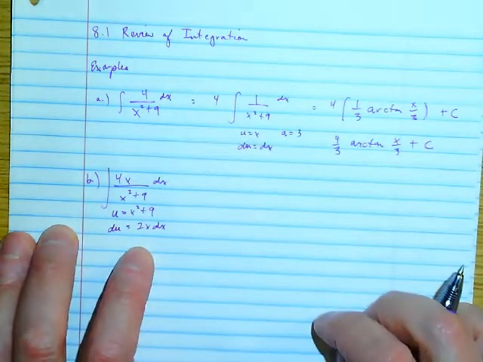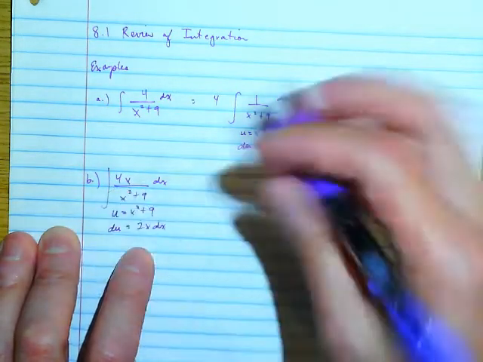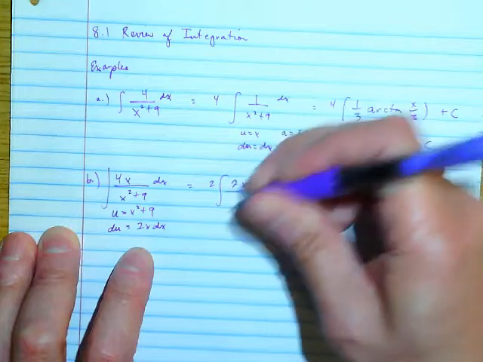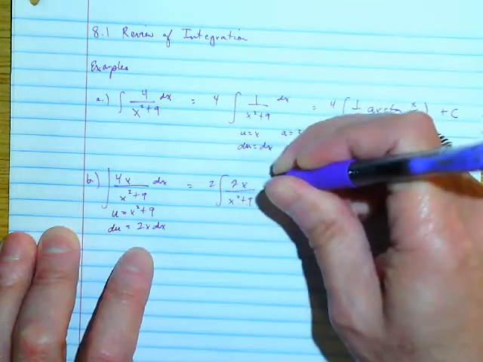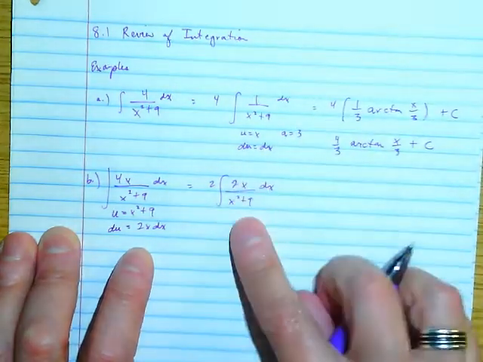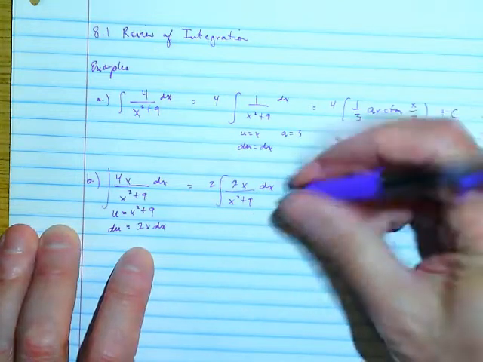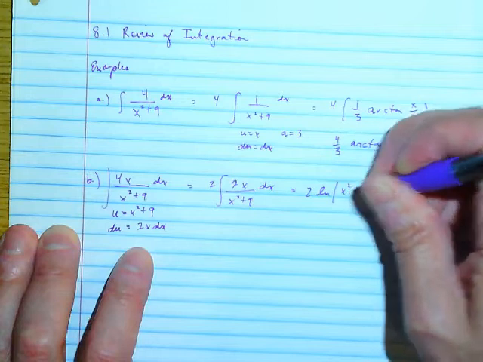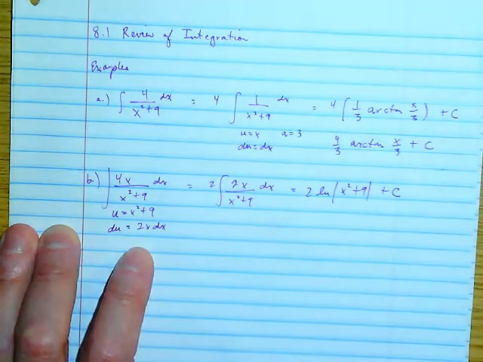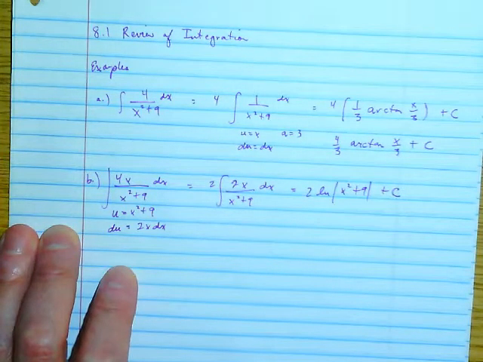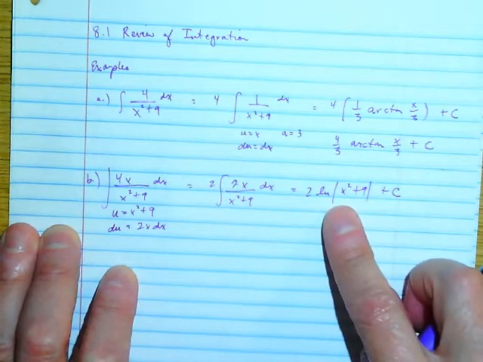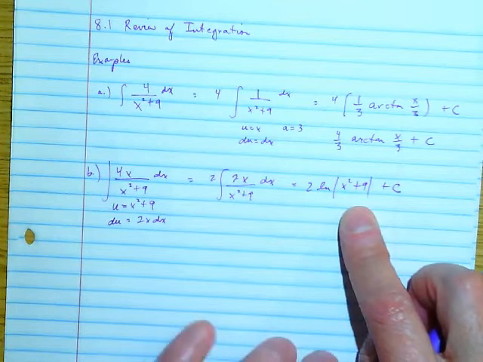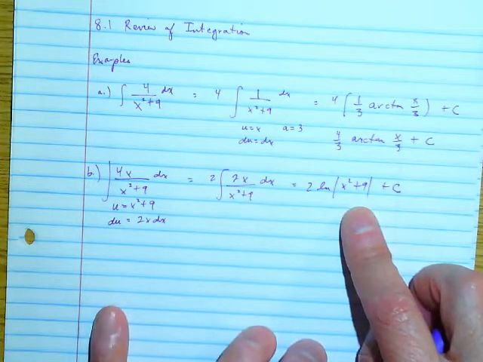A lot of you are saying, well, I could split that 4x into 2 times 2x, so 2 times 2x over x squared plus 9 dx. Sure enough, that's my du over u. So I've got 2 times the natural log, absolute value of x squared plus 9, plus c. Do we need the absolute value because the argument is always positive? No, but it's not going to be wrong if you have it, so that's always the best answer there.